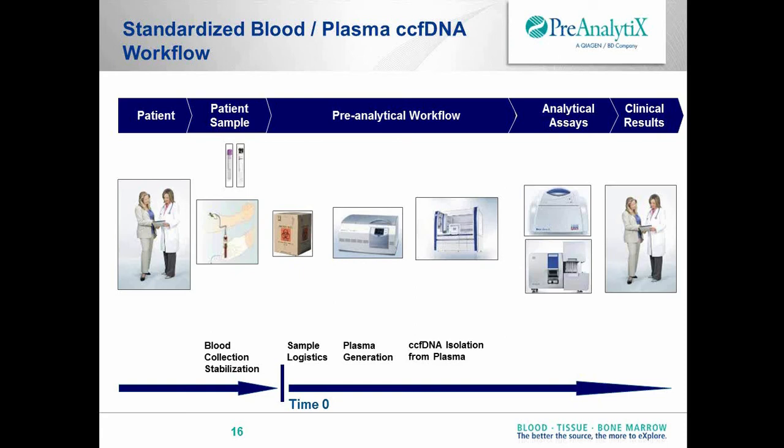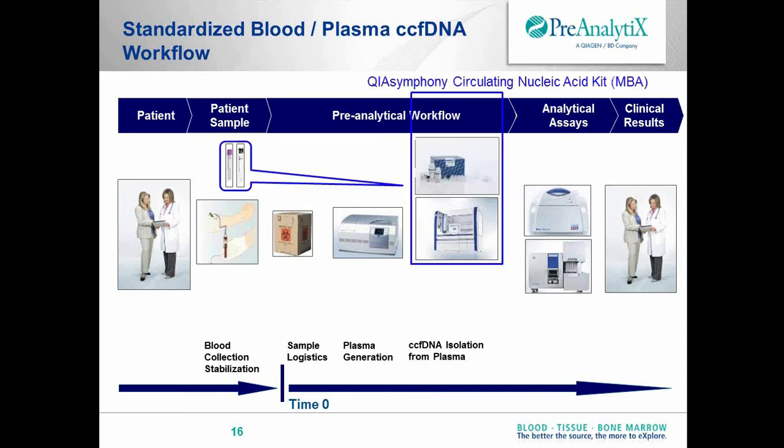It of course starts with the blood collection with the currently available tubes, for example, the STRAC or an EDTA tube, then a transport, plasma generation, ccf isolation, for example, via the QIAsymphony instrument, and then the analytical assays, NGS, PCR, and the results.